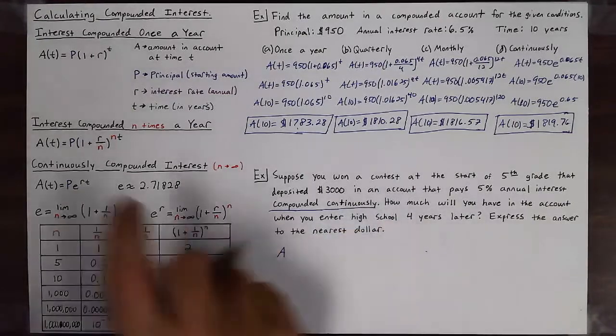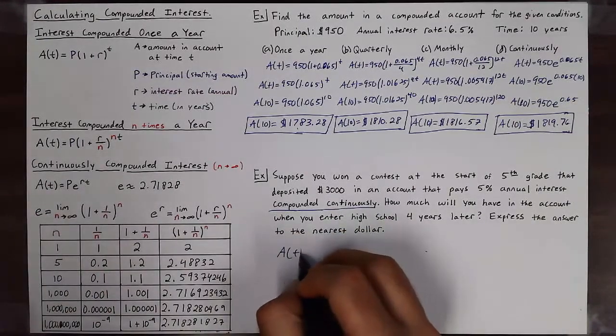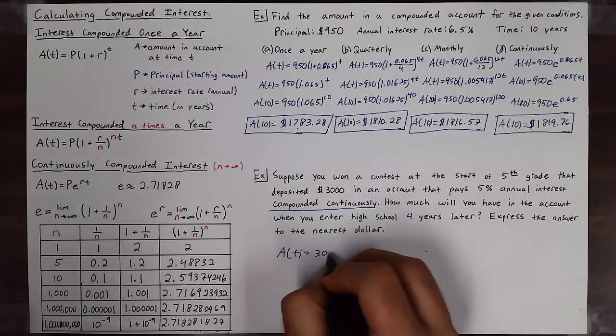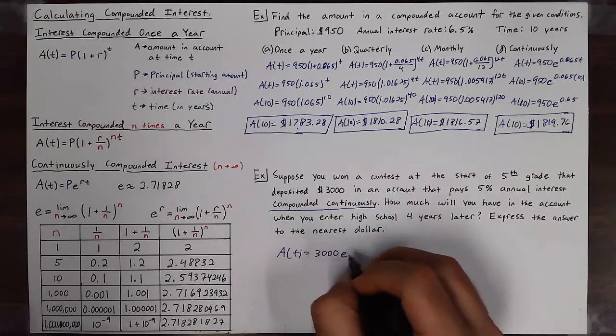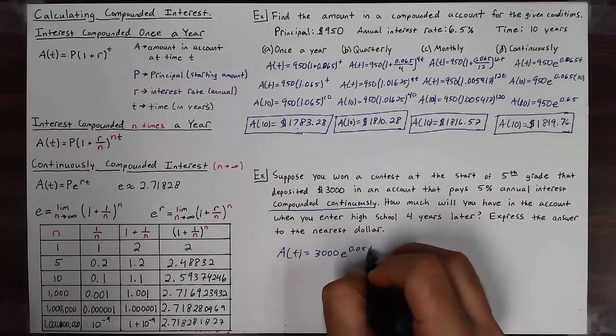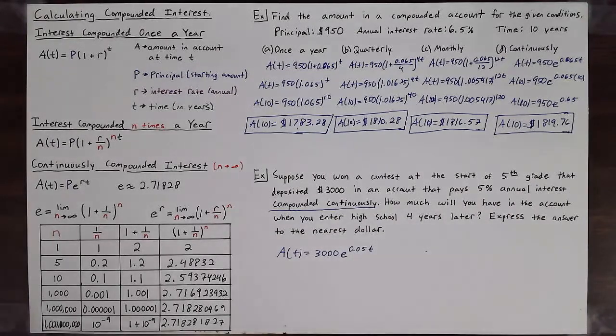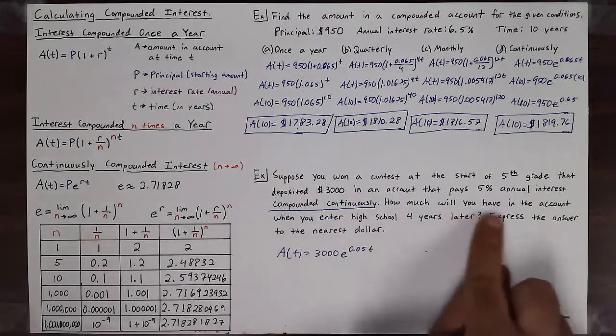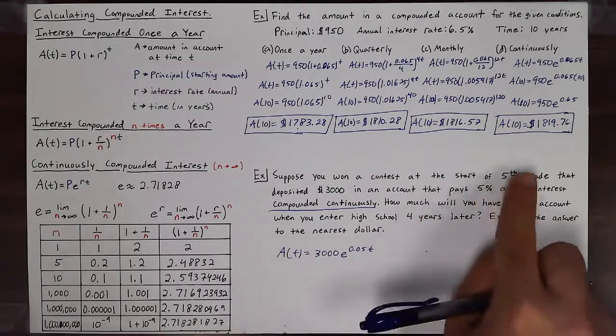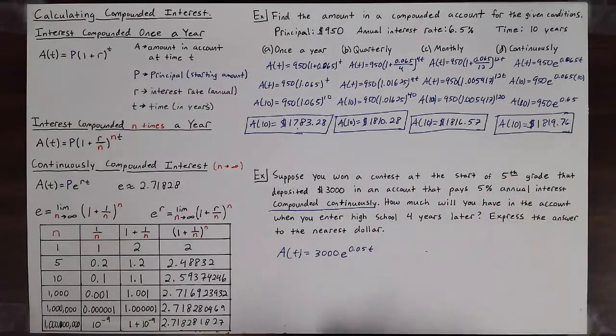We know it's compounded continuously, so we're going to use this formula. A of t will equal the principal, which is $3,000, times e to the rate, which is 5%, so 0.05t. And we know that t, the number of years, is 4 years, because we go from the start of 5th to the start of 9th.